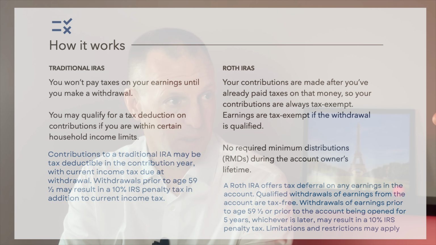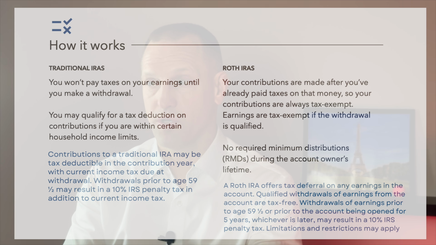And then you're going to pay income tax on the other end, okay? A Roth IRA is the opposite of that. A Roth IRA has tax-free growth, because you don't get a tax deduction now, you get it invested tax-free for later. So the main difference is when are you getting the tax benefit? On the IRA, it comes at the beginning, and on the Roth, it comes at the end.